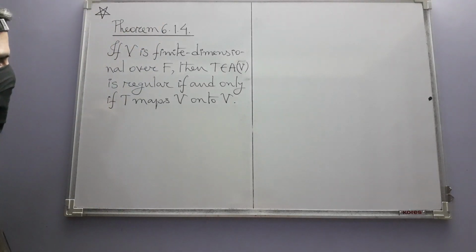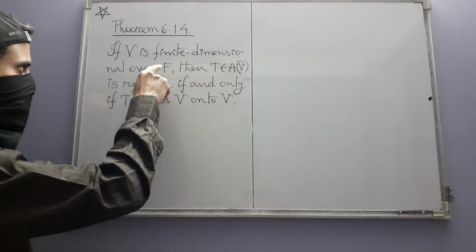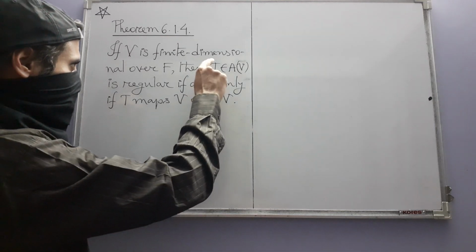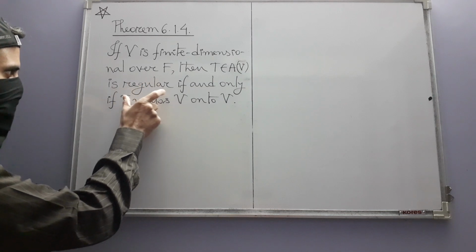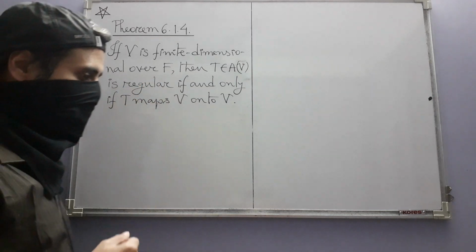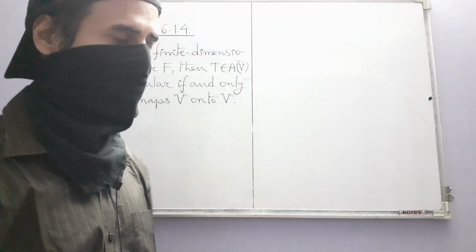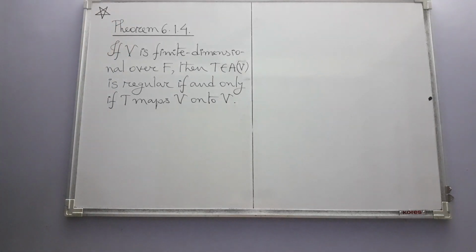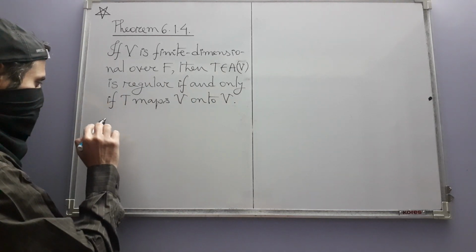Instead, it says that if our vector space is finite dimensional over its field, then any linear operator T on the vector space is regular if and only if T is an onto function, if T maps V onto V. Onto-ness is equivalent to regularity. So let's see the proof.